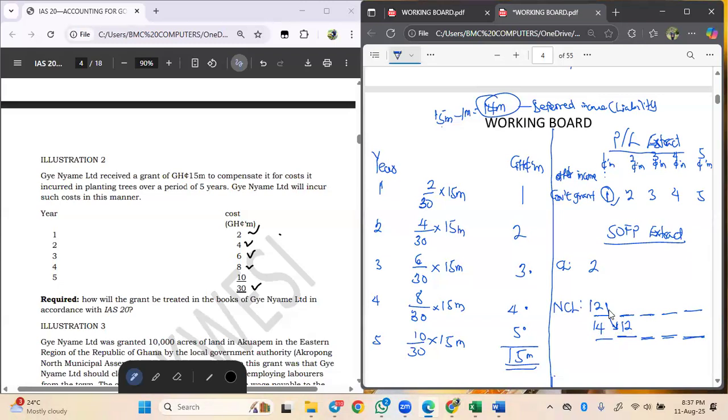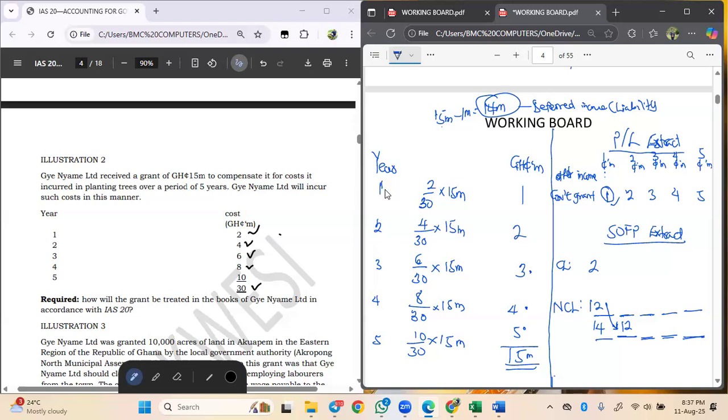Now, let's split this one to current and non-current liability. We are in year 2. Year in question is year 2. How much will be transferred within a year, or how much will be transferred in the subsequent or the immediate year? We are in year 2.